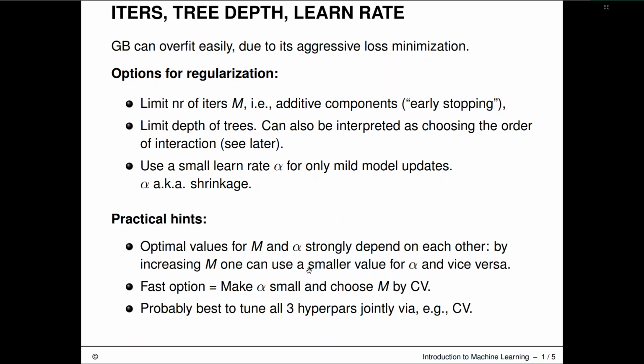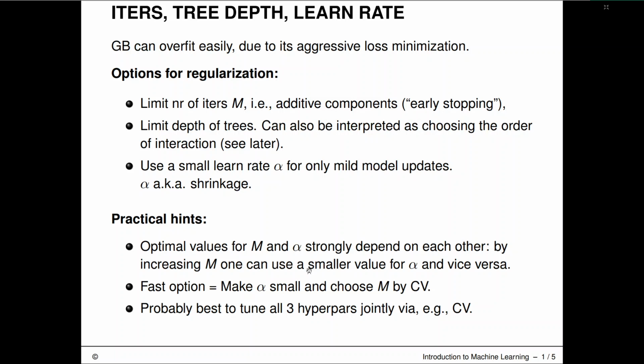This is what we called the capital M parameter, and that simply limits our number of additive components. We could also call that early stopping in the algorithm. Very often this is achieved by peeking into a validation set and seeing when validation error does not go down anymore or even goes up, and then early stopping at that point.